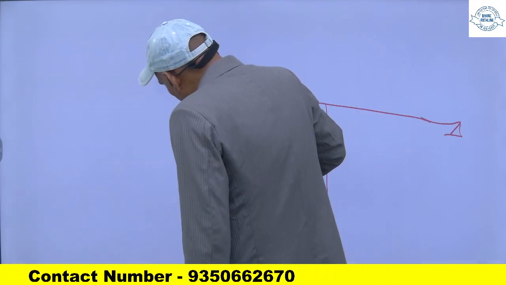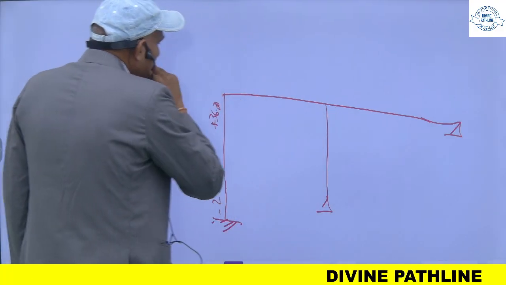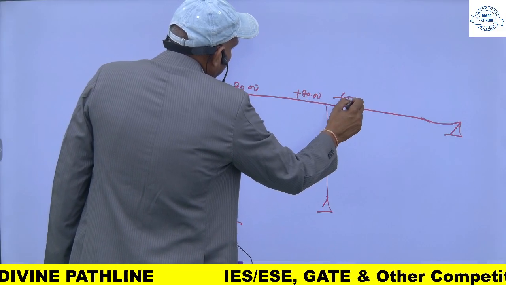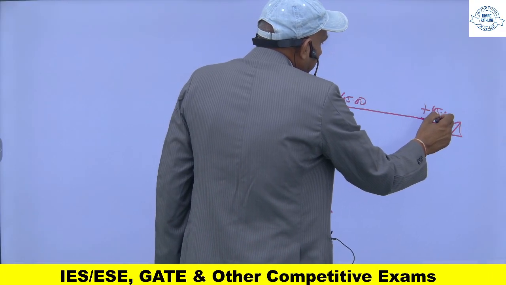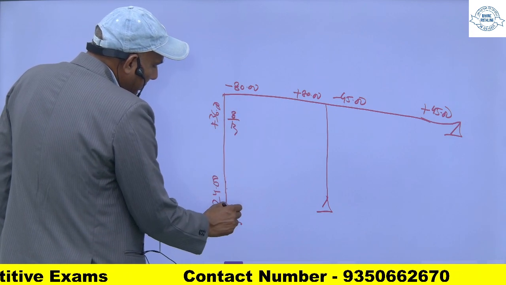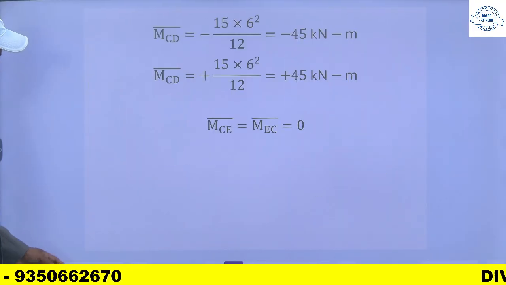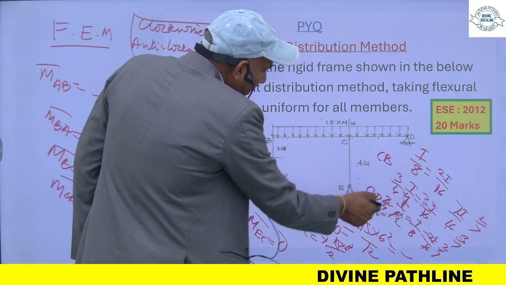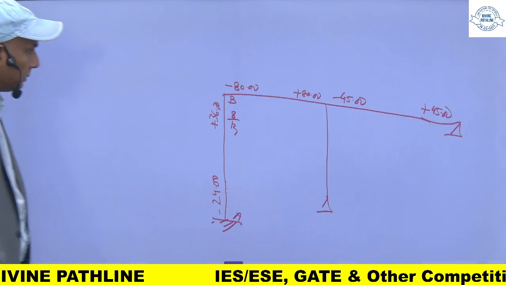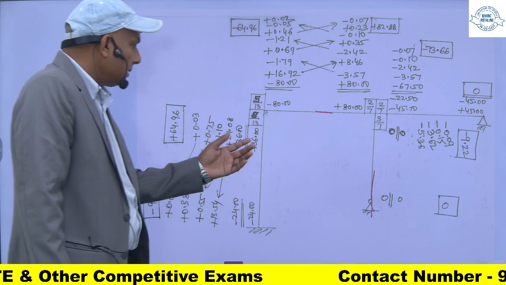It is minus 24 plus 36. Distribution factors for these members, this is A, B, C, D and E. Minus 24 plus 36 like this.